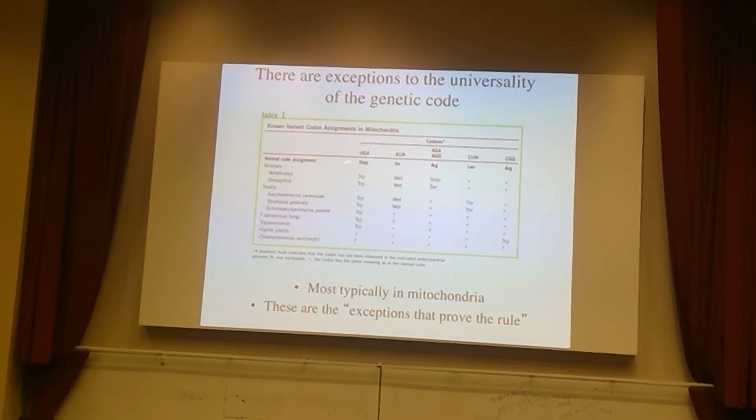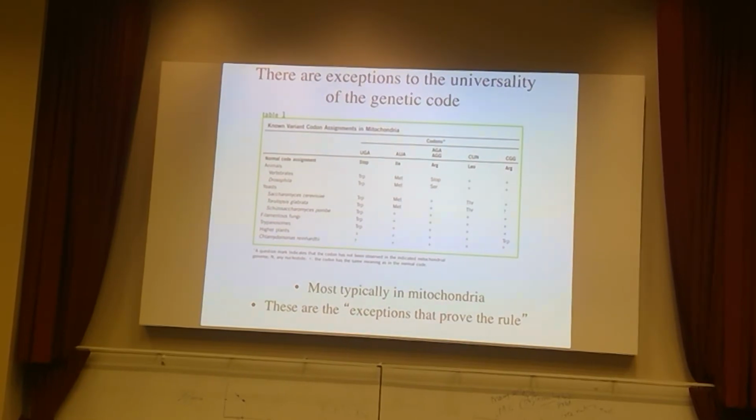There are some variations in codon assignments, and sometimes these pop up in mitochondria, where something that you would expect to be read out as a stop actually will provide a second triplet codon for tryptophan. So in this case, in the mitochondria, there isn't just one codon, there's 2.